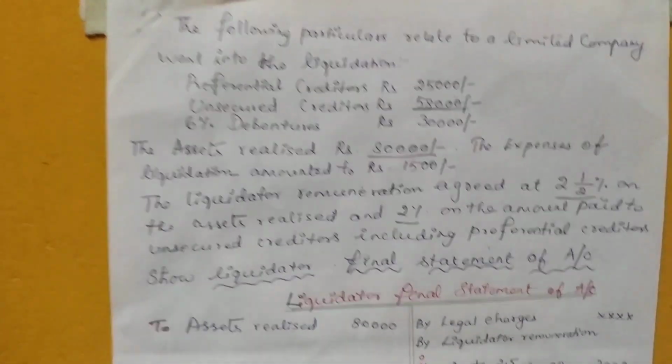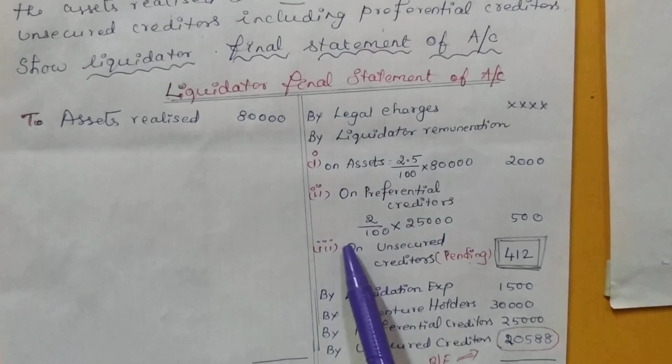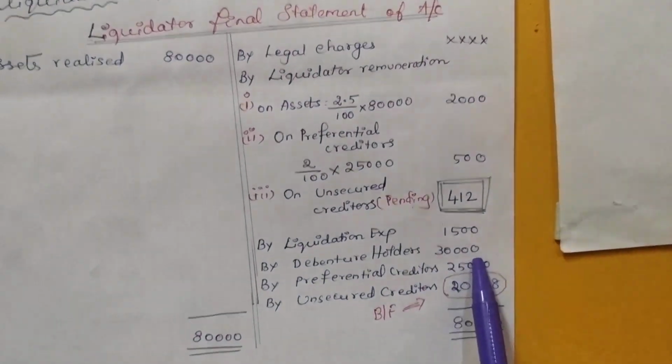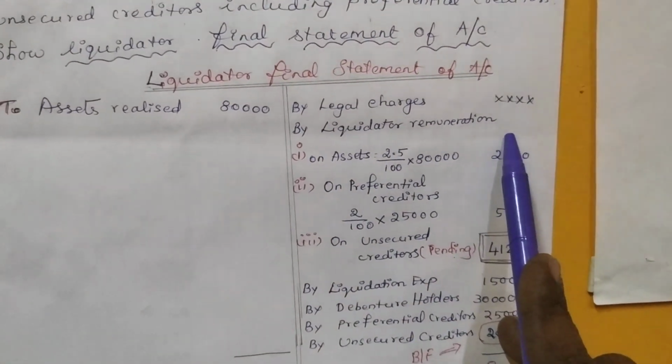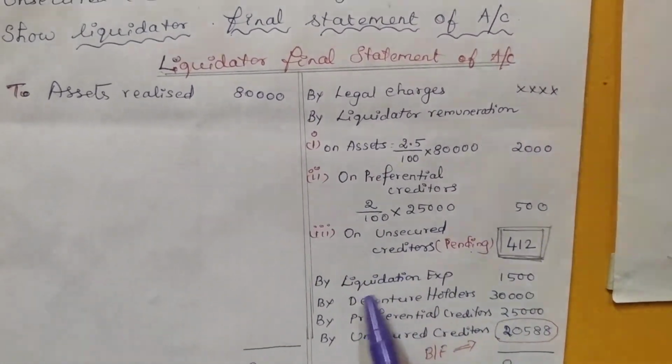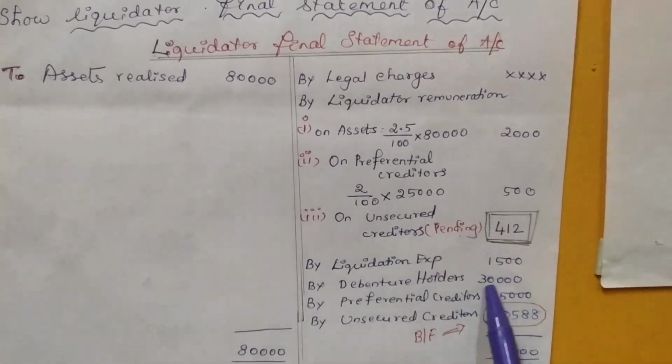Come back to the sum. In this, debenture holder how much? Yes, 30,000. So by debenture holder 30,000. So as per format, legal charges, liquidator remuneration, in which this is pending, liquidation expenses, debenture holders. Till this we are now clear.